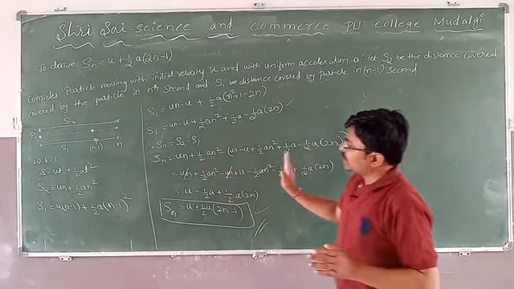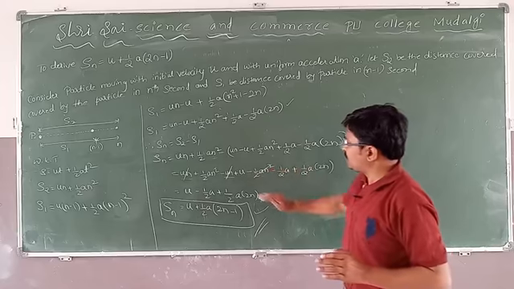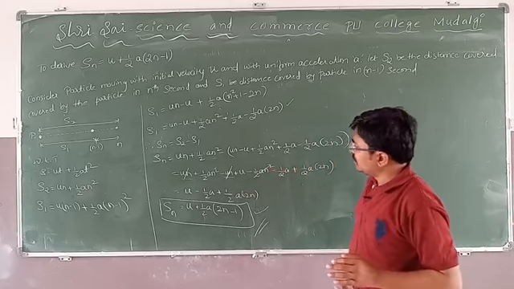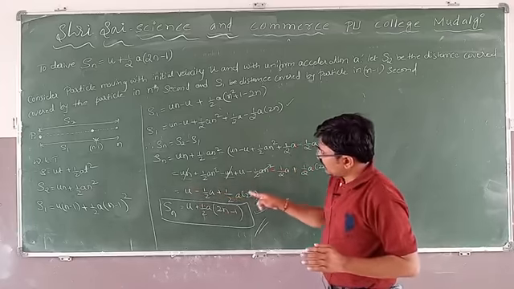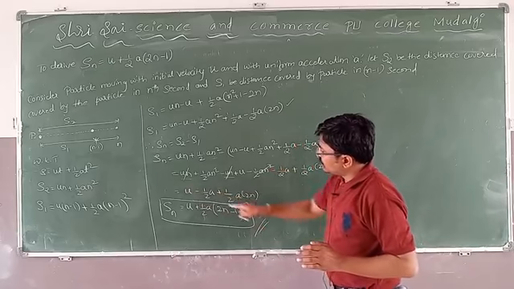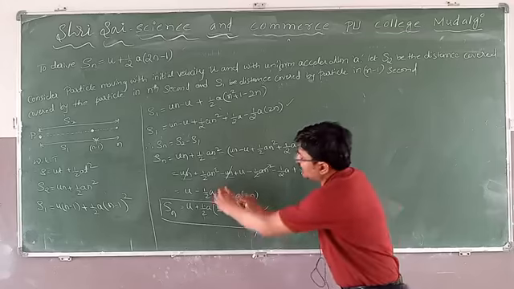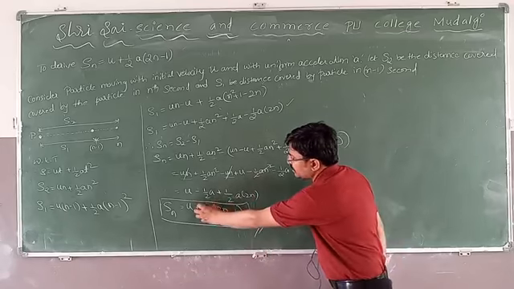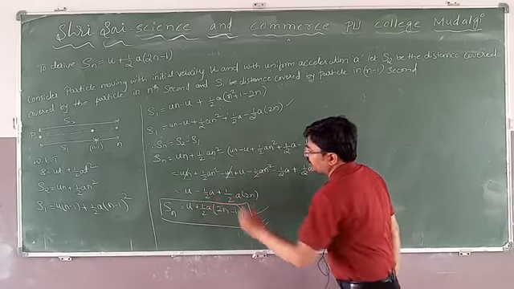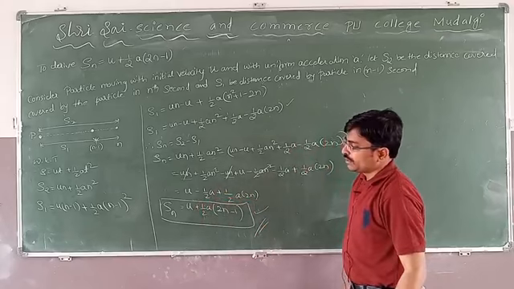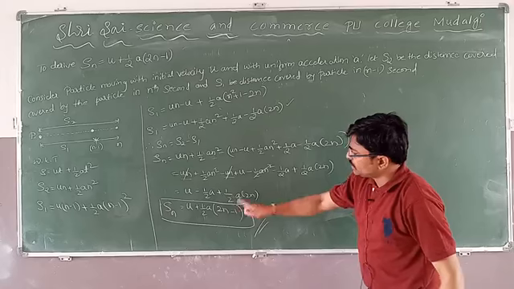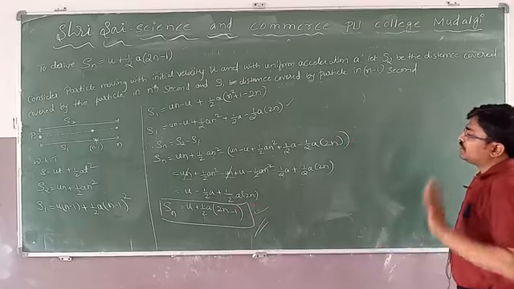These terms get cancelled and only the remaining terms stay. From this equation, bring the common terms outside. The common term is 1 by 2 a, and the remaining term is 2n minus 1. This is the Sn.